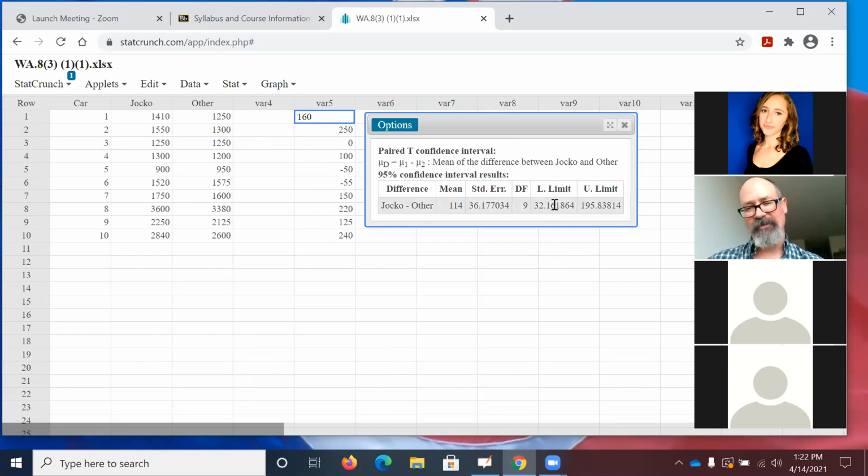So the confidence interval estimate here is for the mean of all possible differences. And you were using the sample of 10 cars in order to come up with the interval.